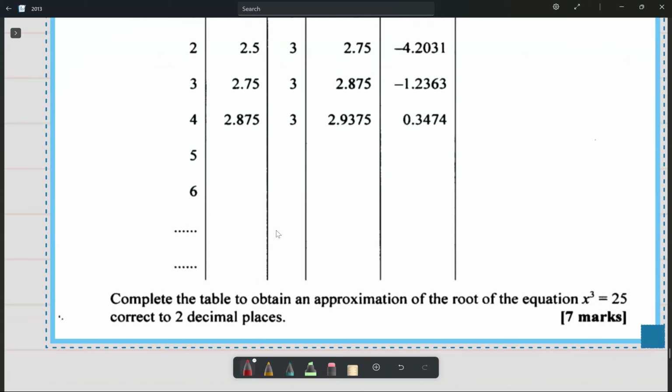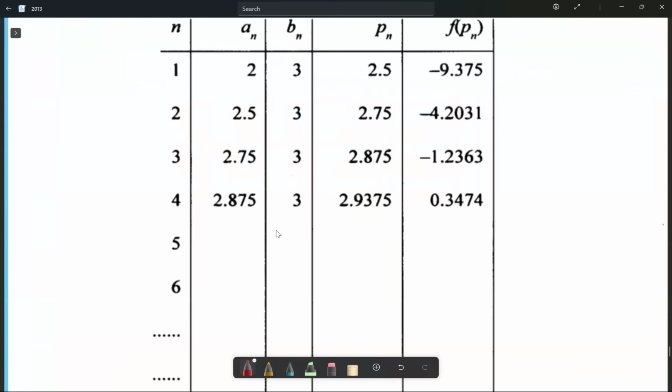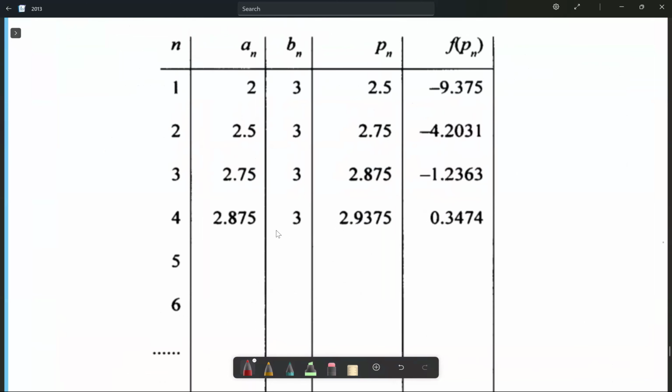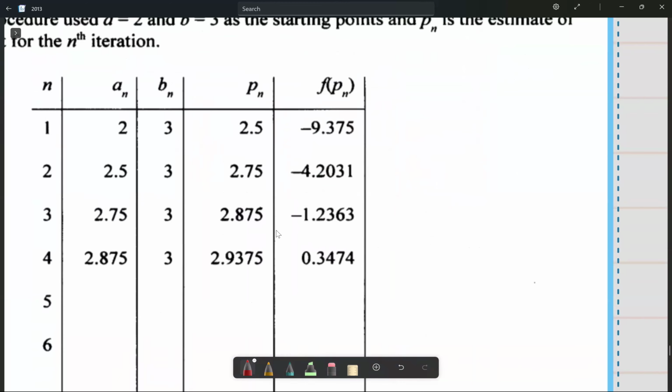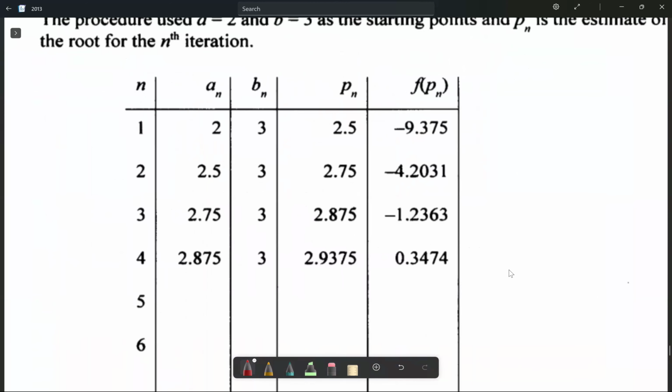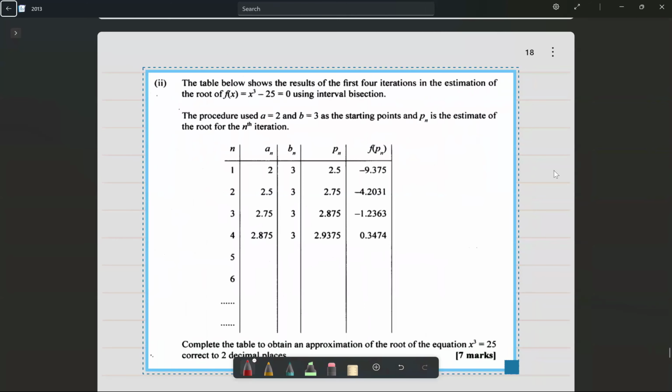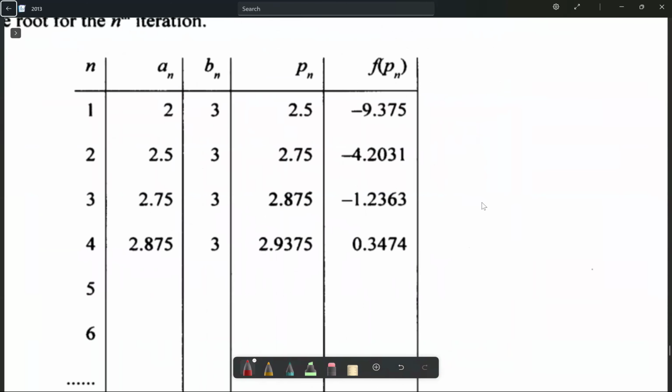Okay, so the whole point is that we're going to keep halving between them until we find wherever the root is. Let's try to draw a diagram, because a lot of times teachers don't cover things in their class. So on this number line, there exists this point 2.875 and the point 3.